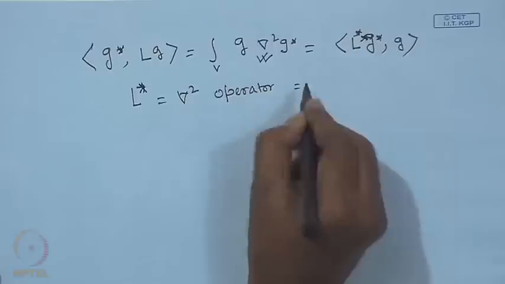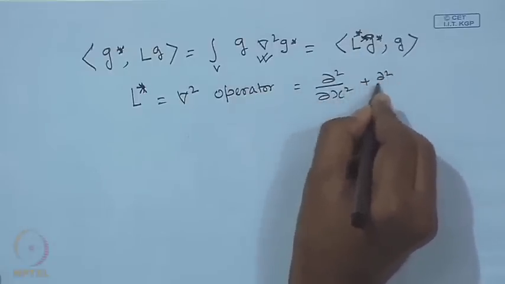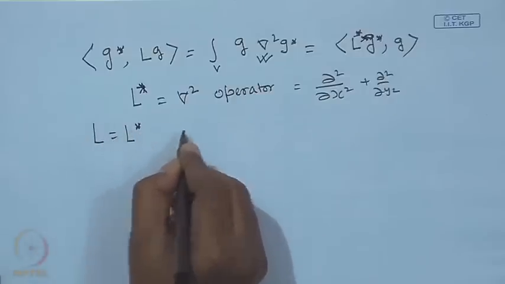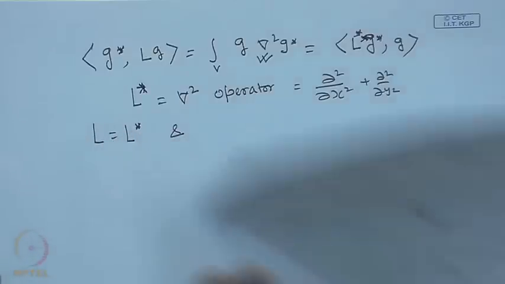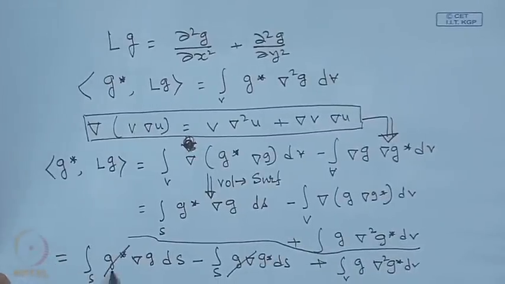That means, for a 2-dimensional problem, this is del square by del x square plus del square by del y square. So, L is equal to L star, and we have already seen in the earlier problem that in order to make this bilinear concomitant part vanish, all the boundary conditions on G star have to be equal to 0 or homogeneous.